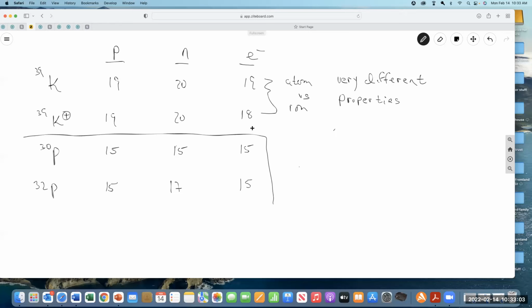They only differ in the number of electrons. In this case, it's only one electron difference. You change one electron and you completely change the properties. So an element and an ion from that element differ in the electrons, and they have very, very different properties.